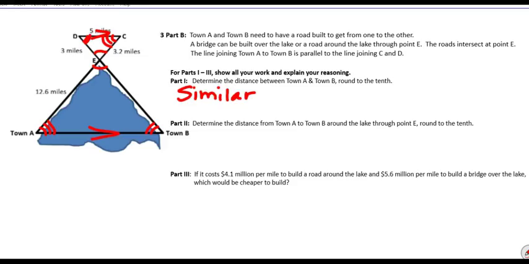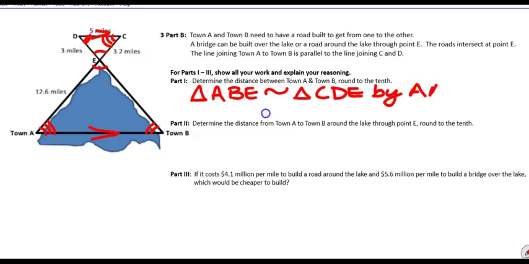So actually, let's do it this way. Let's say triangle ABE is similar to triangle CDE by angle.